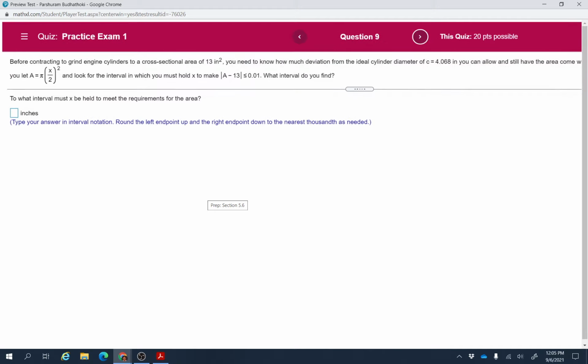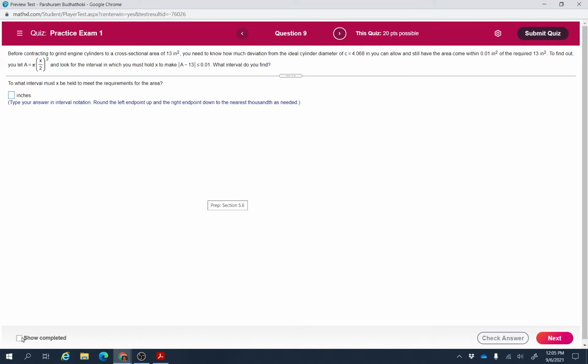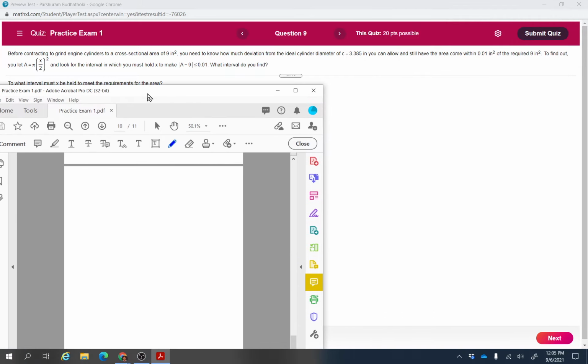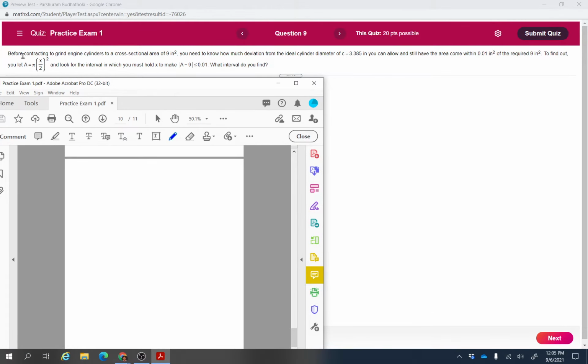Okay, this is another problem where we are going to use the epsilon delta idea. This is the word problem here. Before contracting to grind engine cylinders to a cross-sectional area of 9 inch square, you need to know how much deviation from the ideal cylinder diameter of x equal 3.385 inch you can allow, and still have the area come within 0.01 inch square of the required 9 inches square.